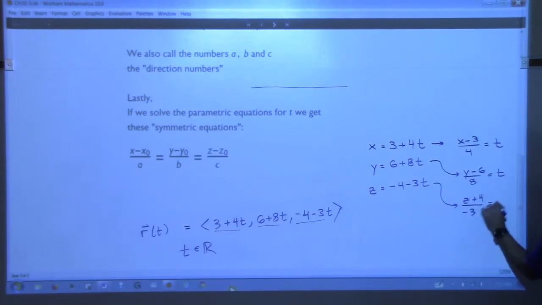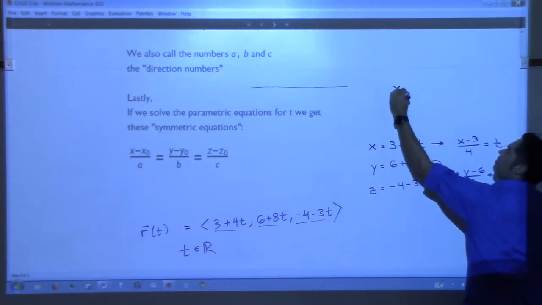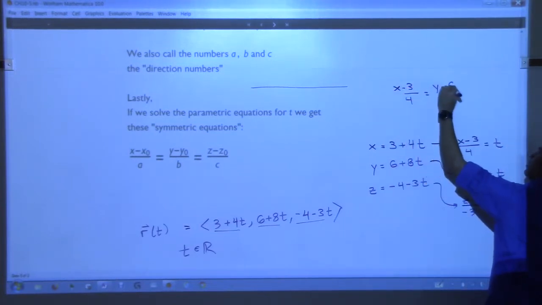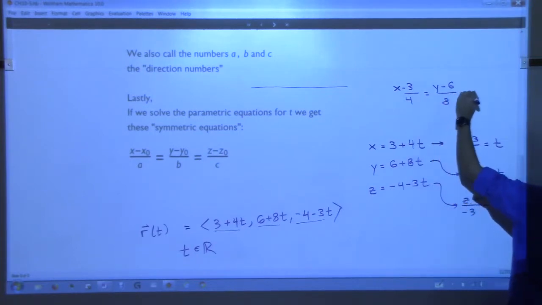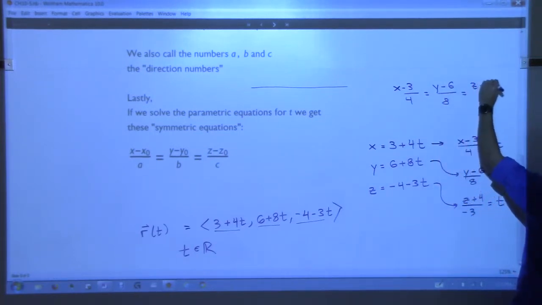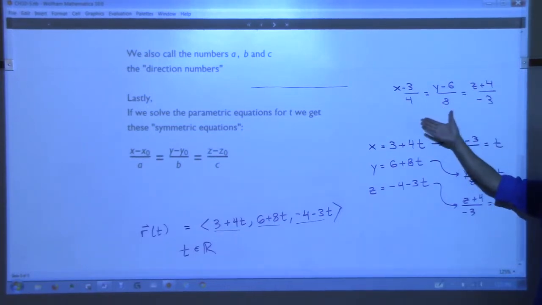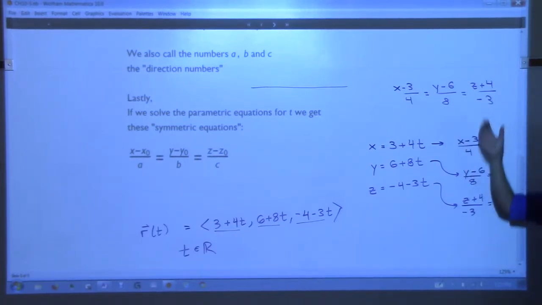That's t. So this is t, but that's t, but that's t. So if they're all t, they're all equal to one another, aren't they? And what we can do is set them all equal to each other. So x minus 3 over 4 equals y minus 6 over 8 equals z plus 4 over negative 3. And this is called your symmetric equations.